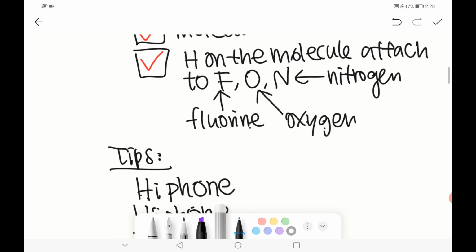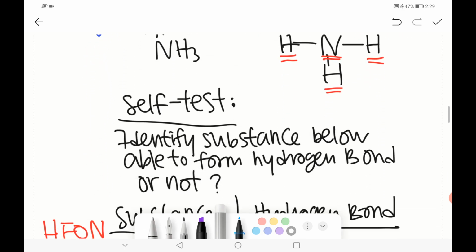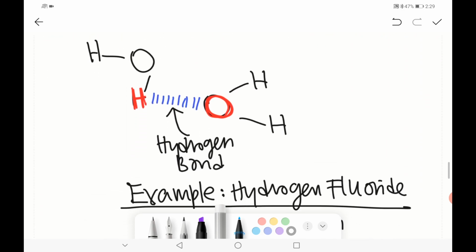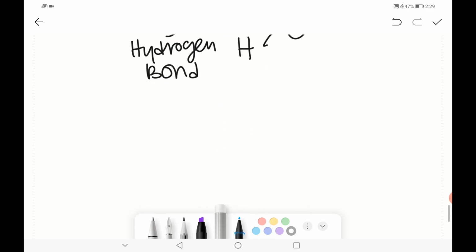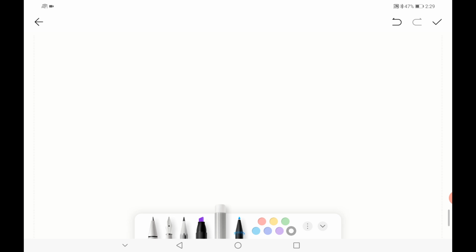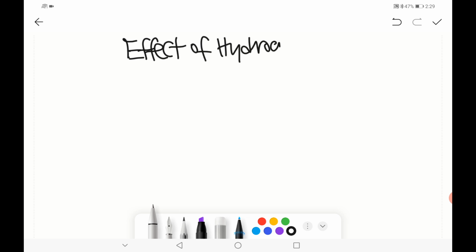All right, so now let's go on to do the last part of the hydrogen bond before I go and discuss some questions on it. The next part that I will touch is this. I want you to know the effect of hydrogen bond. What is the effect of hydrogen bond on the physical properties of some substance?